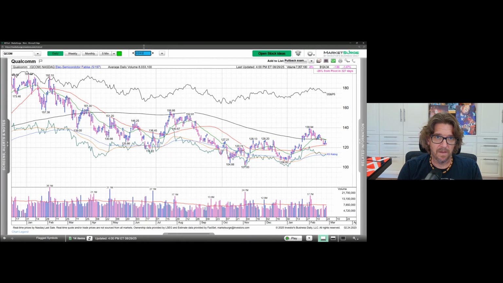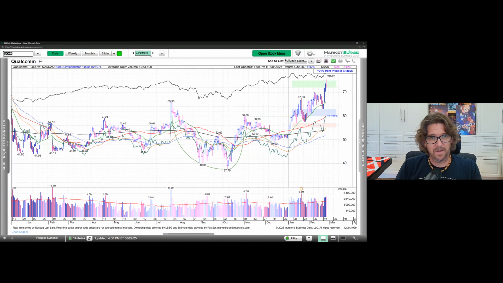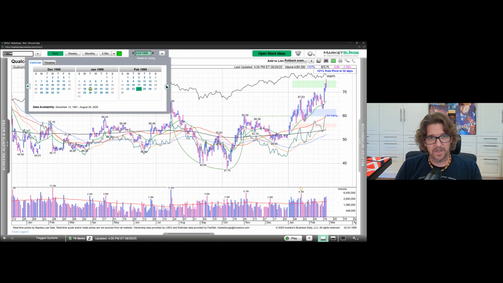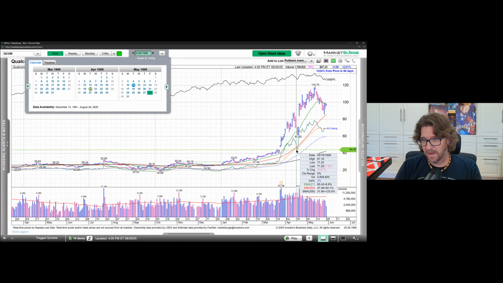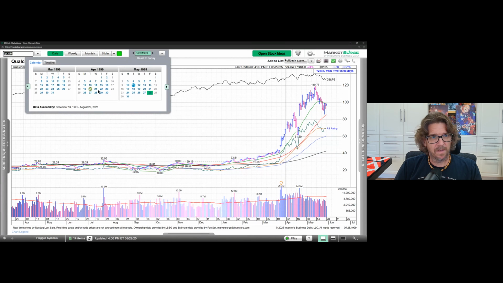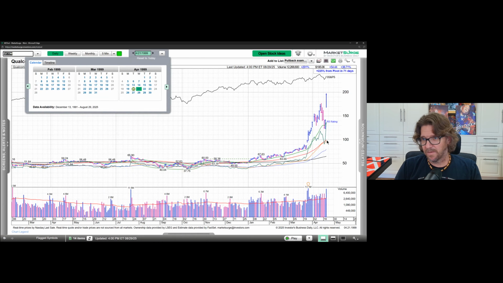Qualcomm back when Bill was trading it, and there was one that I did in this WRO model book one, right in there on 4/21 of '99, where you get this big gap up through.